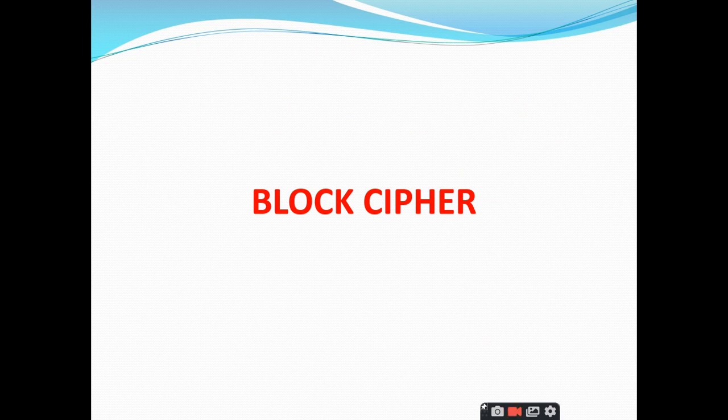Now coming to another term, which is called a block cipher. What do you understand by the term block cipher? Any idea?